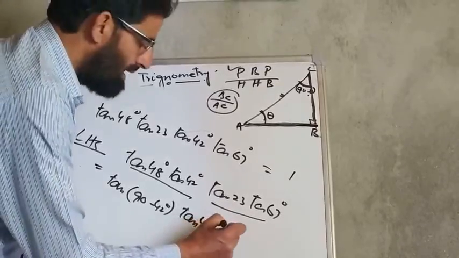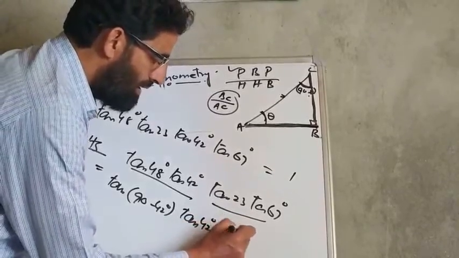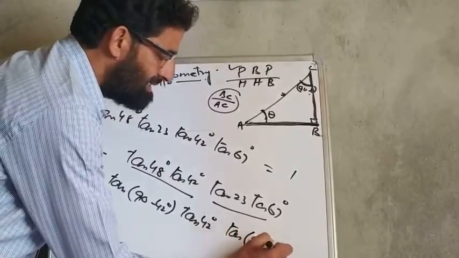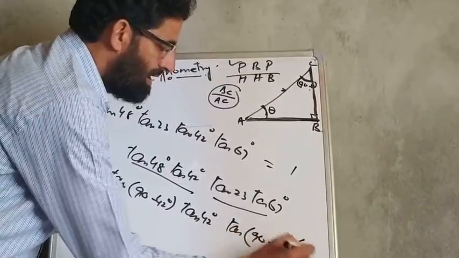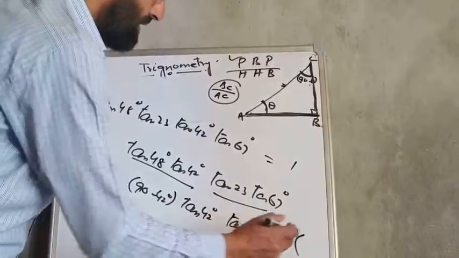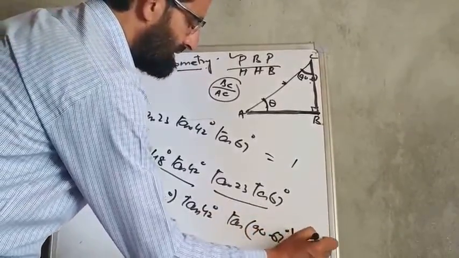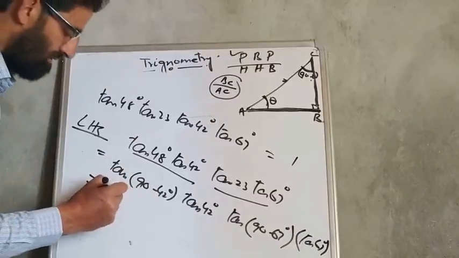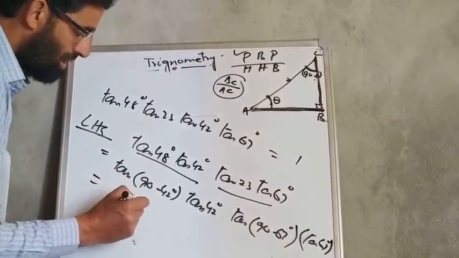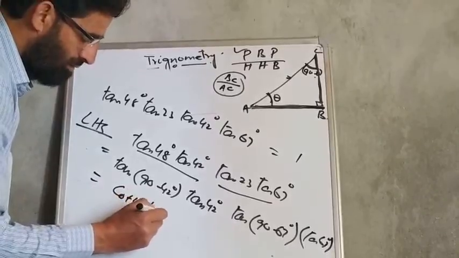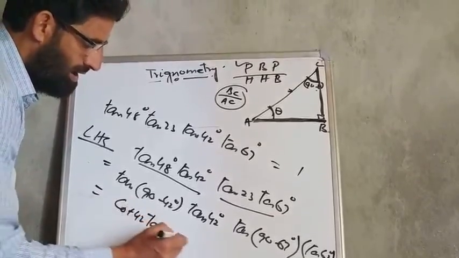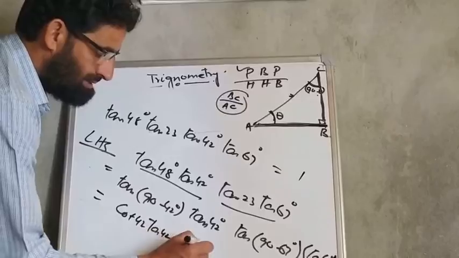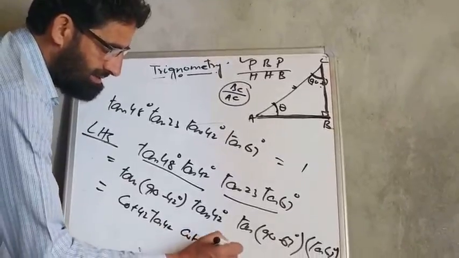into tan of 90 minus 67 degree into tan of 67 degree. So tan 90 minus theta is cot theta. What is this? This is cot 42 into tan 42 into cot 67 into tan 67.